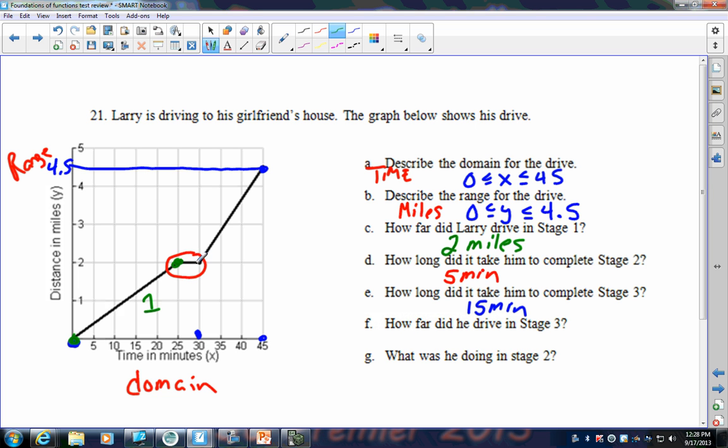Started at 2, went up 1, 2.5. So you can write 2.5 miles. When it says what was he doing in stage 2, that's that flat line right there. You can say he was resting, he was stopped, he was paused. I don't care which, as long as he's standing in the same spot.